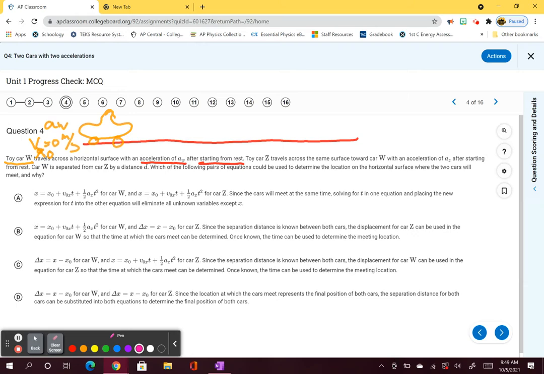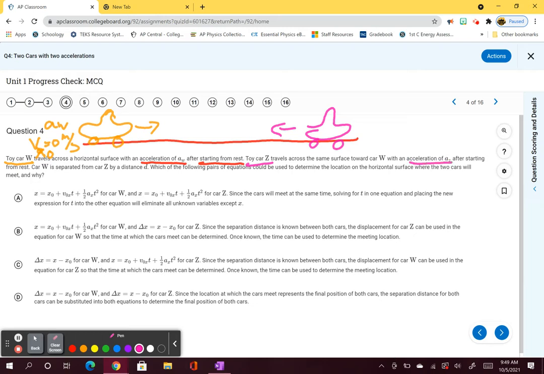Now, toy car Z travels across the same surface towards car W. So if W is going this way, Z will be going this way.